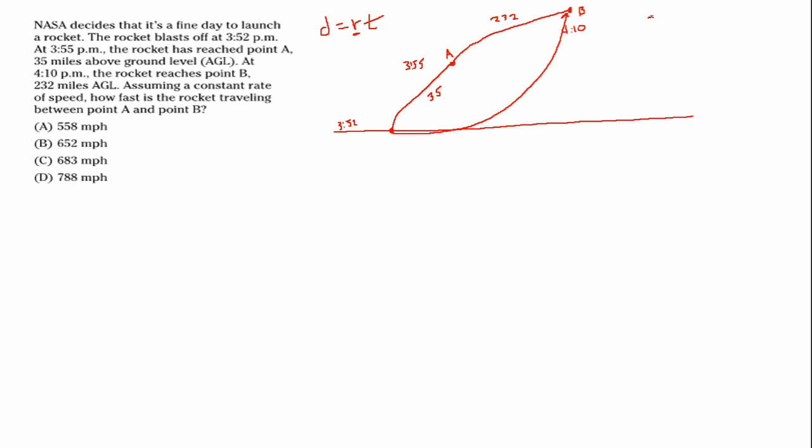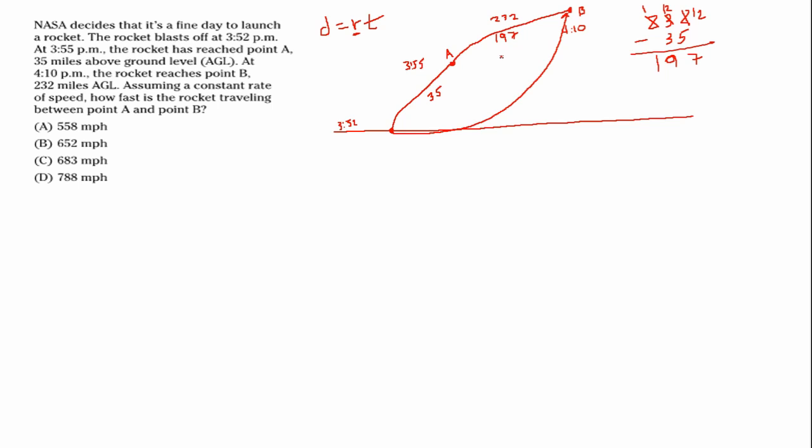So that's the first step. 232 minus 35. 2 minus 5 we can't do. We got to borrow a 10 from here. This becomes 12. 12 minus 5 is 7. 2 minus 3 we can't do. We got to borrow a 10's place. This becomes 12. That becomes 1. 12 minus 3 is 9. 197. So we know this distance is 197.